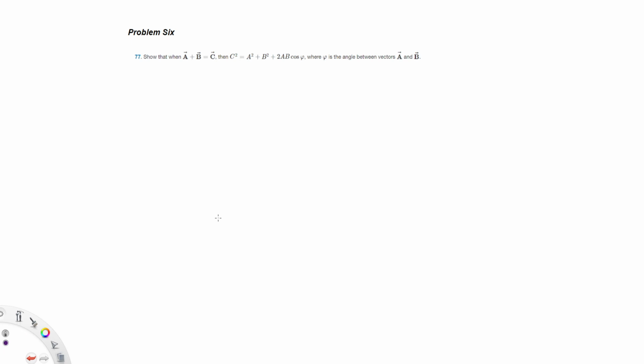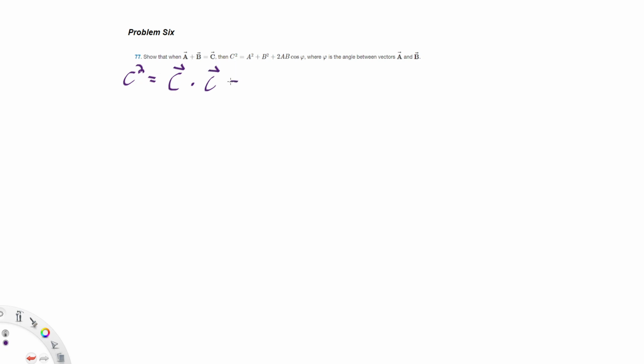So this problem 6 is really a math problem. So let's cover this really quick. When we write c squared, and c is a vector, what we mean by c squared is c dot c.